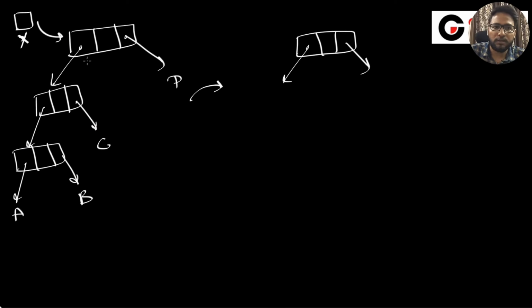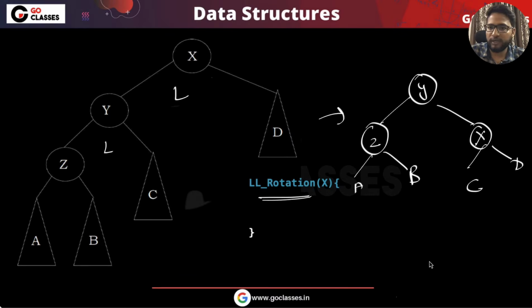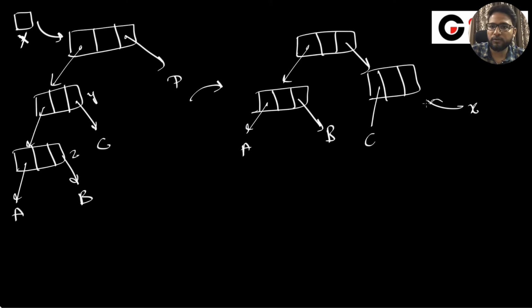Y is pointing here, and z is pointing to A and B. Then this was x, and x is already pointing here. I want this to point to C and D.